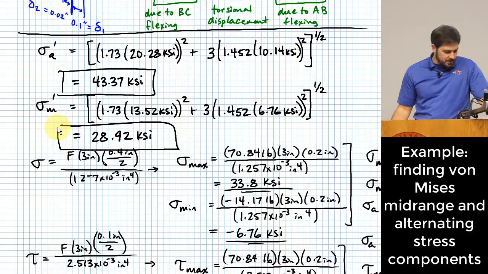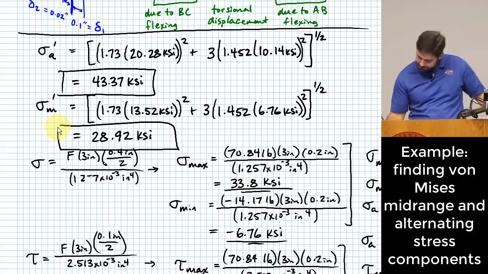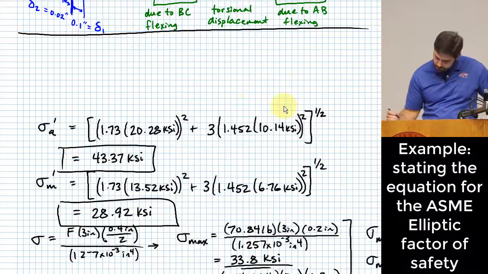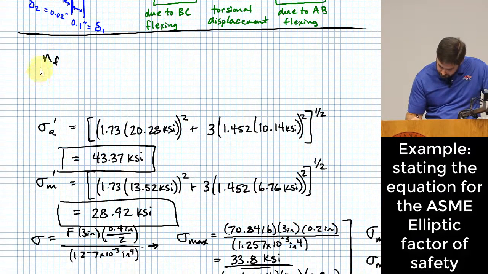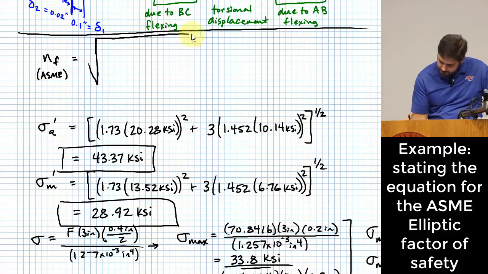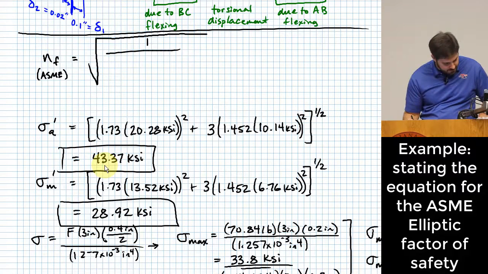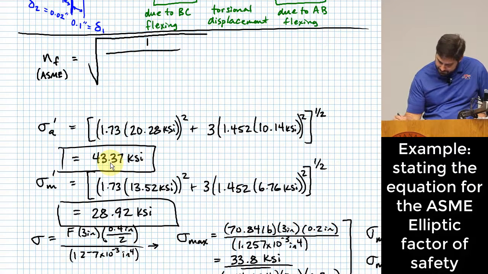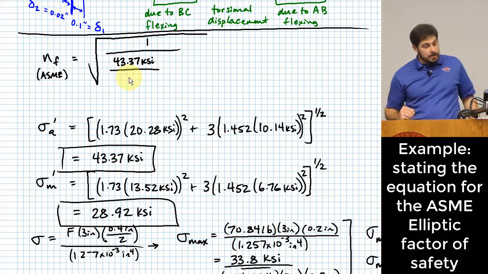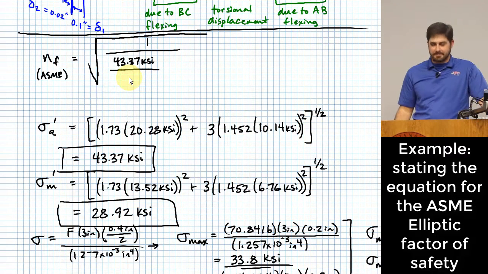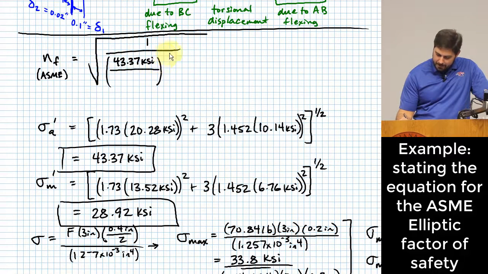It says fatigue factor of safety, N sub F, is going to be equal to a square root of 1 over sigma A over, what is sigma A? 43.37 KSI over, oh shoot, S sub B. Okay, I'll leave that blank for right now.